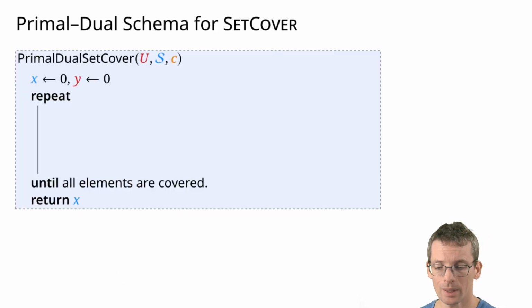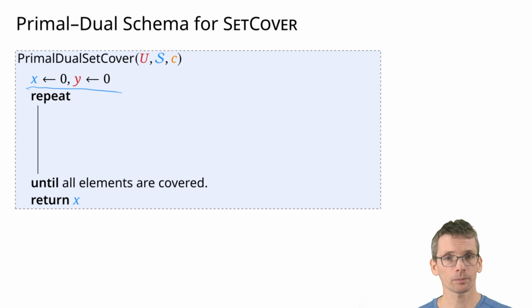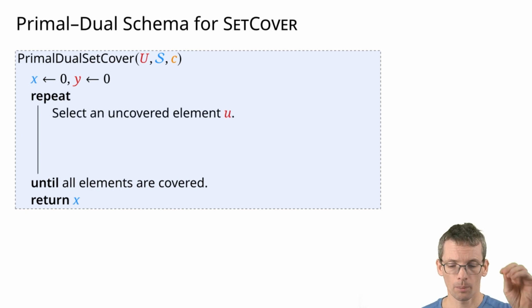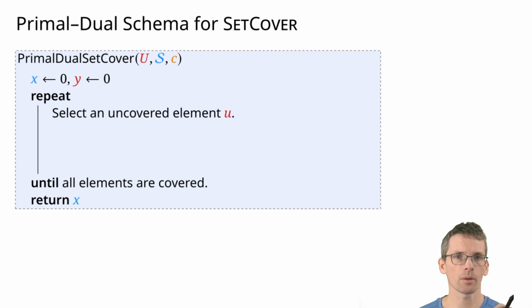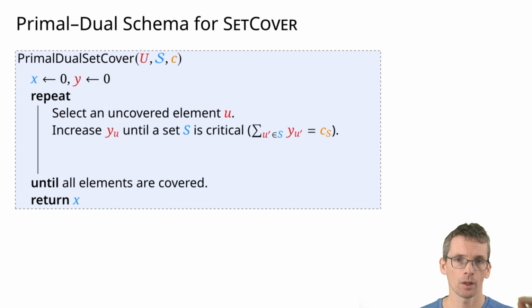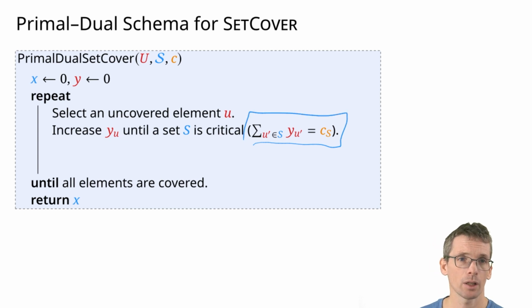Initially we set all of the variables, the primal and the dual variables, to 0. Now, as long as there is an uncovered element, we do the following. We pick such an uncovered element, an arbitrary one, and we're going to increase the corresponding dual variable until one of the sets becomes critical. So we're going to increase this up to the point where for at least one set, I have equality here.